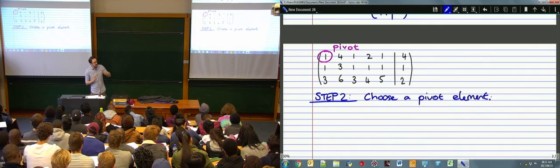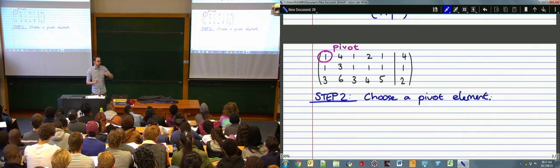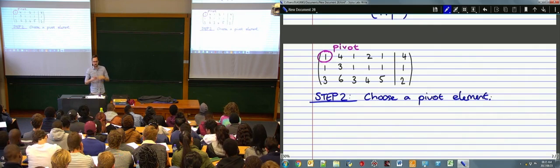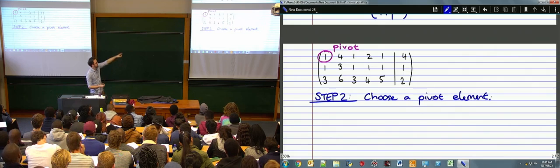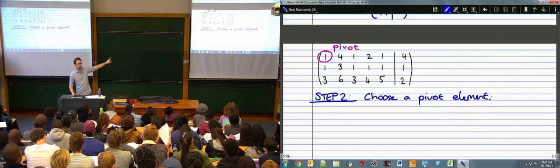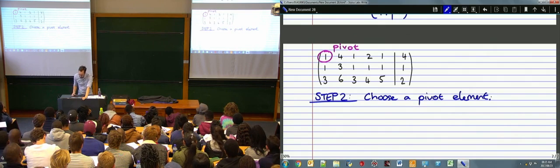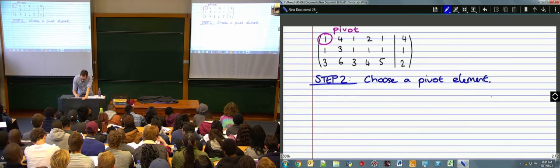When you're choosing a pivot element, you look for the leftmost non-zero entry. In this case, we've got 3 leftmost non-zero entries. You move one of them into the top row. In this case, we don't have to move anything into the top row because it's already in the top row. And then you scale so that it's equal to 1.